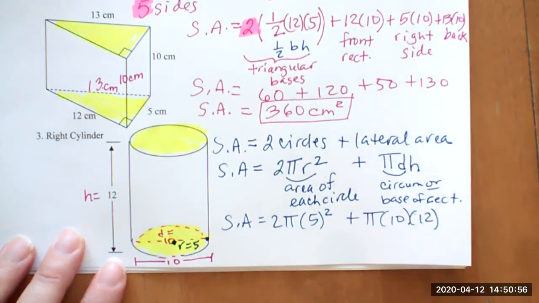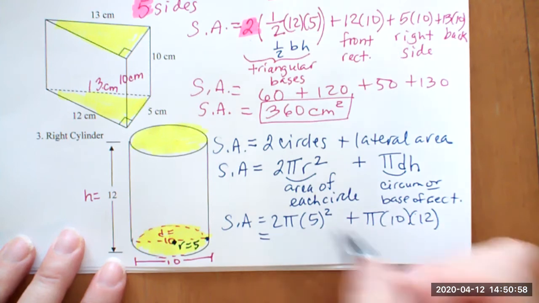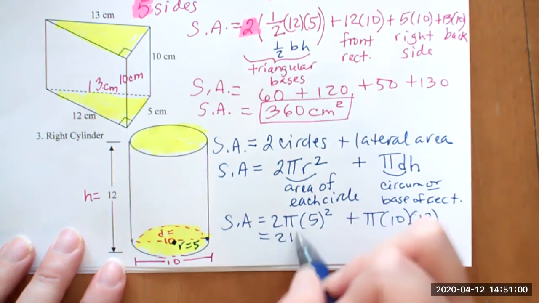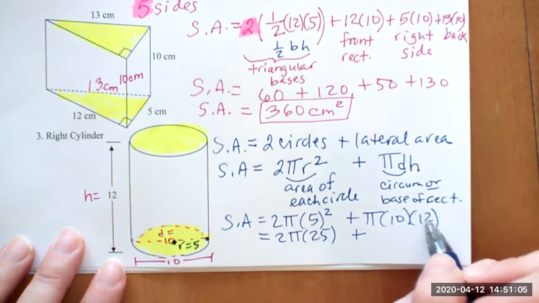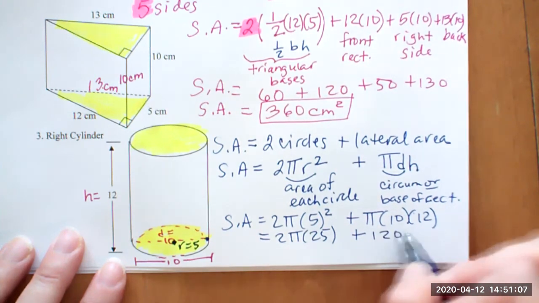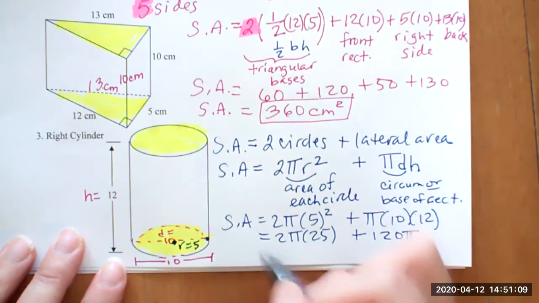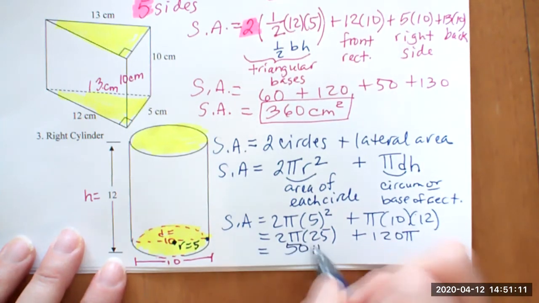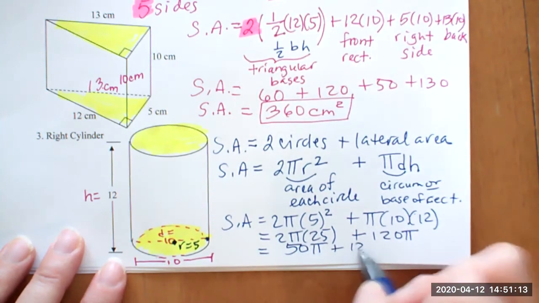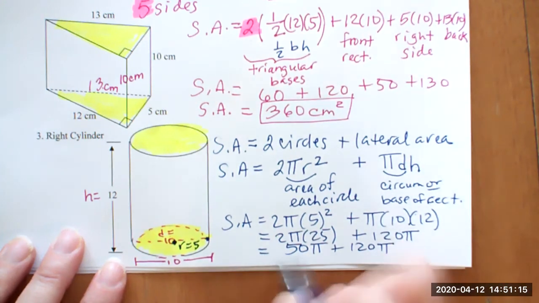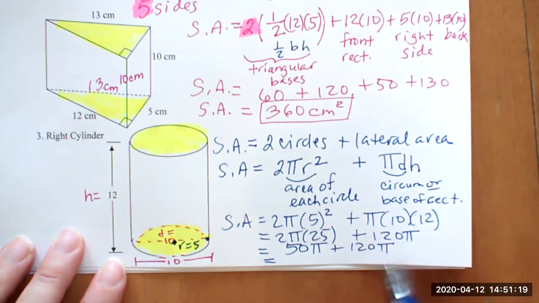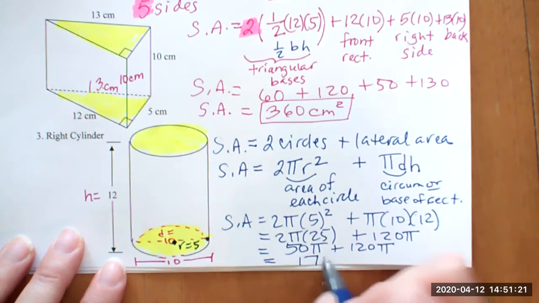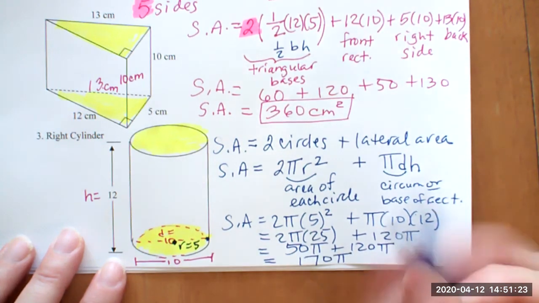Okay, and we'll simplify this. So we'll have 2 times pi times 25 plus 10 times 12 is 120 times pi. So this is 50 pi plus 120 pi. Adding that together, since those are like terms because they both contain pi, I can say 170 pi units squared.